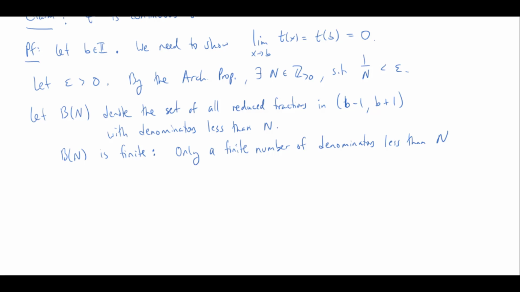So I don't have that many choices, right? I have n minus 1 choices for denominators. And what can I put in the numerators? Well, seems like maybe you could put a lot of things in the numerators, but this restriction that they have to lie between b minus 1 and b plus 1 actually closes things down a bit.